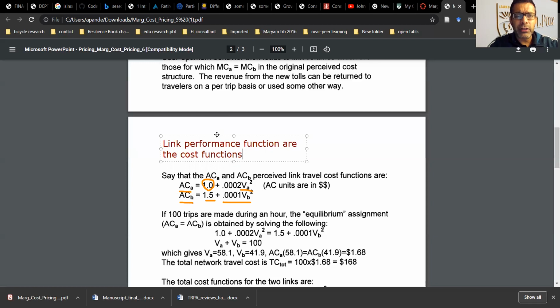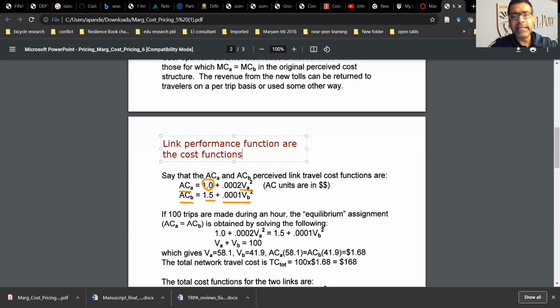Now, if you look at the structure of this cost function, I have a fixed cost that I'm highlighting here, 1.0 for route A. That cost is fixed. It does not change based on how many drivers are on the road.